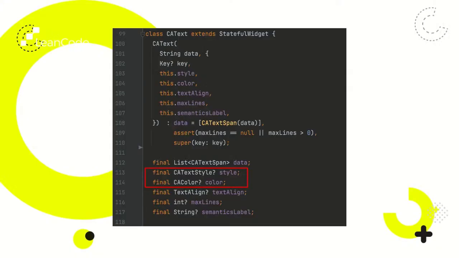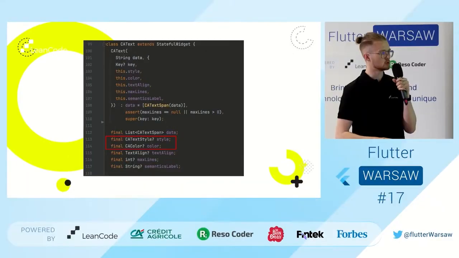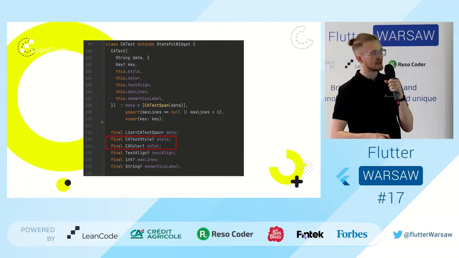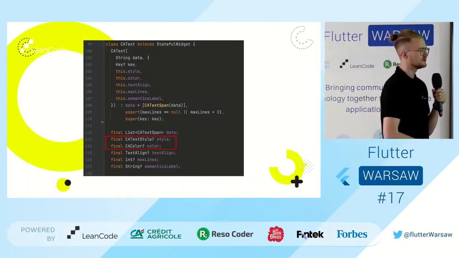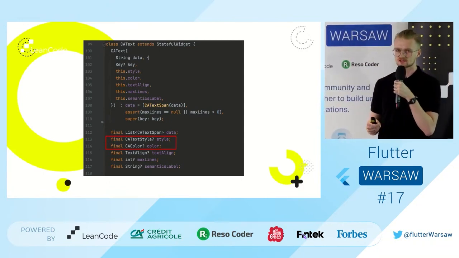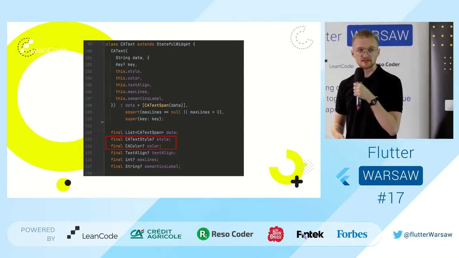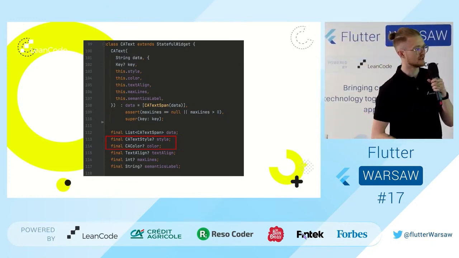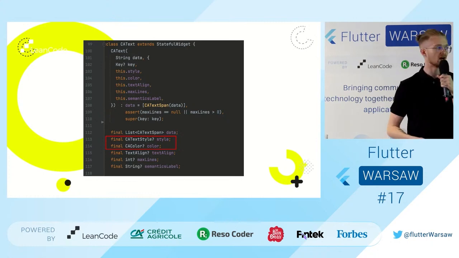And even a simple widget as text was our custom-made widget that accommodated those types. We only accepted the CA text style and CA color, not just any color. So when developers needed to use some text with an illegal color, they couldn't do so because of those compile time errors that they were getting in their IDEs.